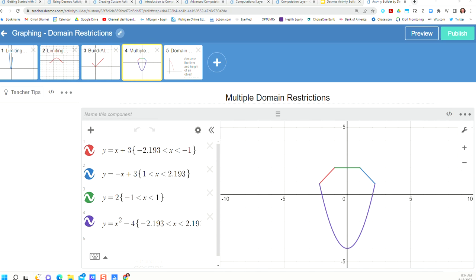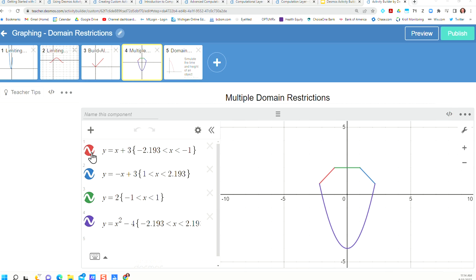One of the nice things about restricting domains is we can put multiple domain restrictions together to create images on a graph. Now, this particular graph has 4 different equations being graphed, and each of them have domain restrictions. I left them as different colors so that they would stand out to you when we talk about what each of these are.